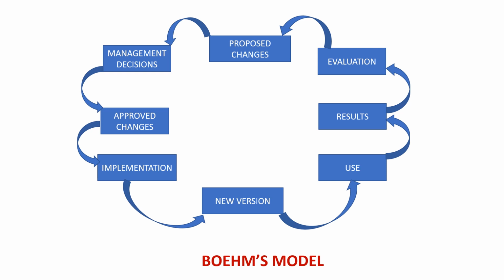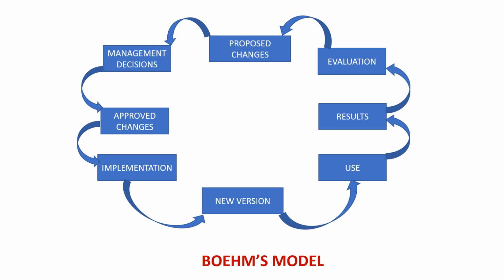As we can see in the figure, Boehm's model consists of various stages. First, we are going for the proposed changes. According to the proposed changes that have to be made in the software, management decisions will be taken whether these changes are feasible or not, whether these changes can be carried out or not.